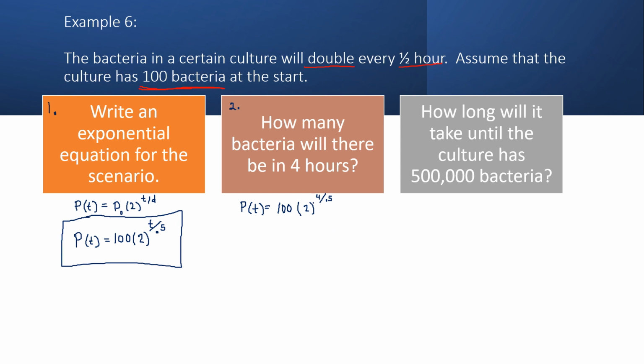Now, we could do the math in the exponent, and that would come out to be a whole number, but our calculator can handle this, so I'm going to just type it as it is. So I will type 100 times 2, caret key, parenthesis, 4 divided by 0.5.